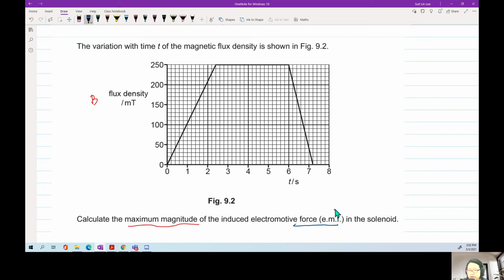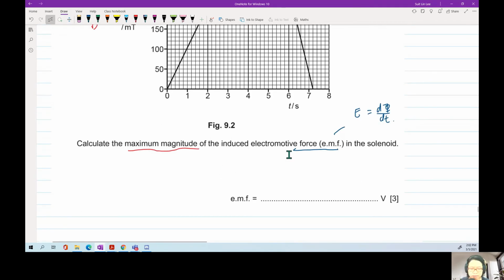Oh, snap. So induced EMF is equal to the flux dt. We just want the magnitude, so I'm going to drop the negative sign, and if I find a negative sign, I'm also going to drop it. Okay, find the induced EMF. So to find the flux dt, we'll start with this one.